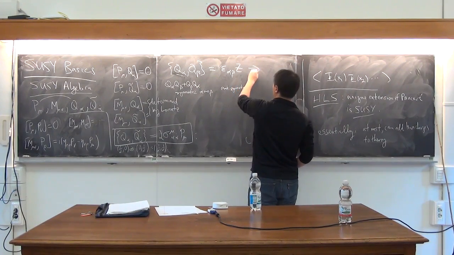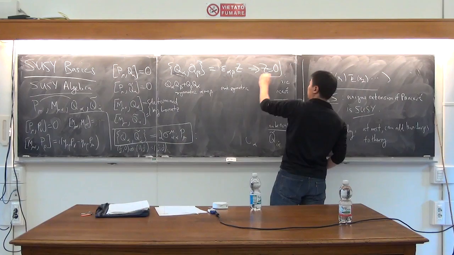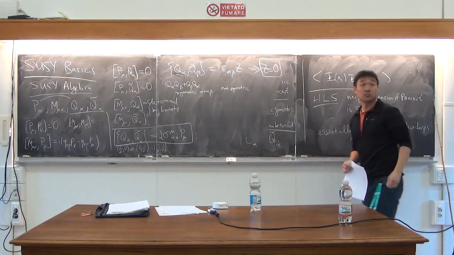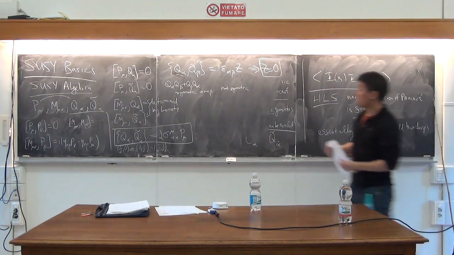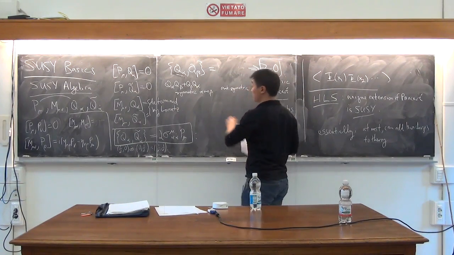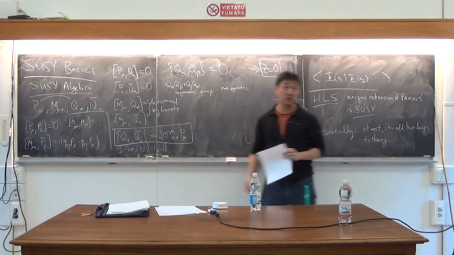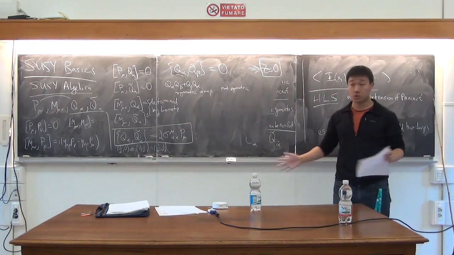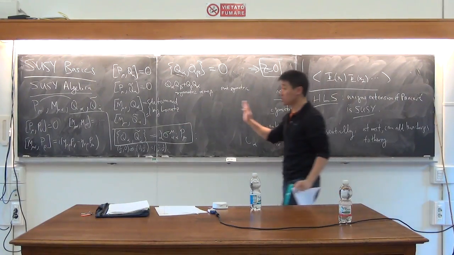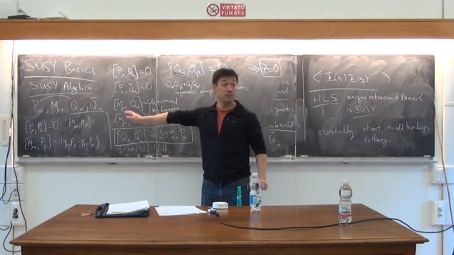So that implies Z is 0, and the only possibility here is 0. Now I've worked out the entire SUSY algebra, and you see that there was really no choice in the matter. Everything was determined.